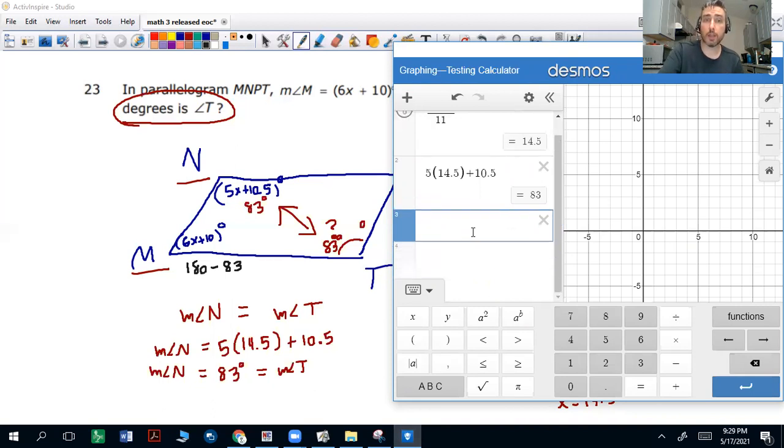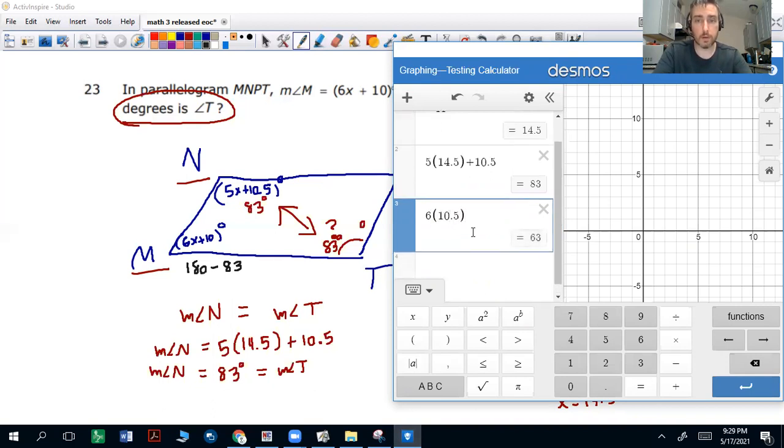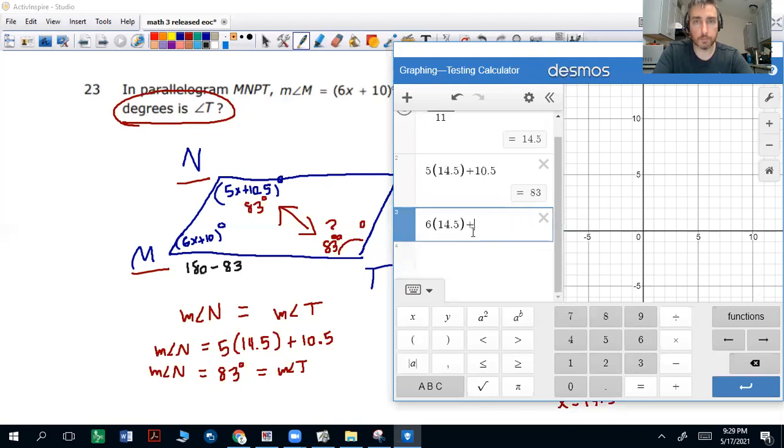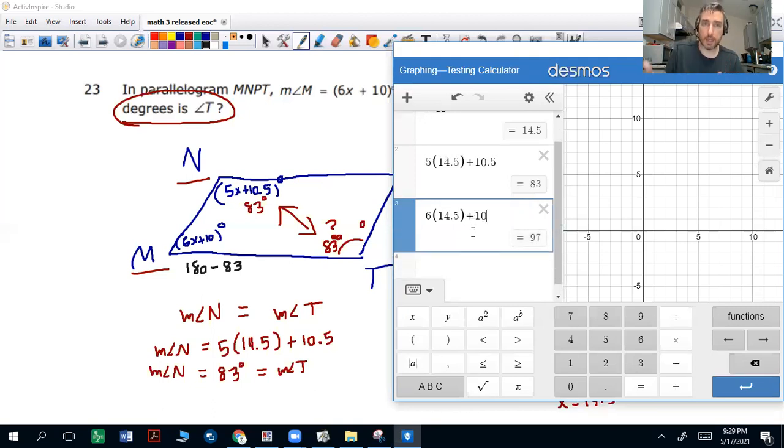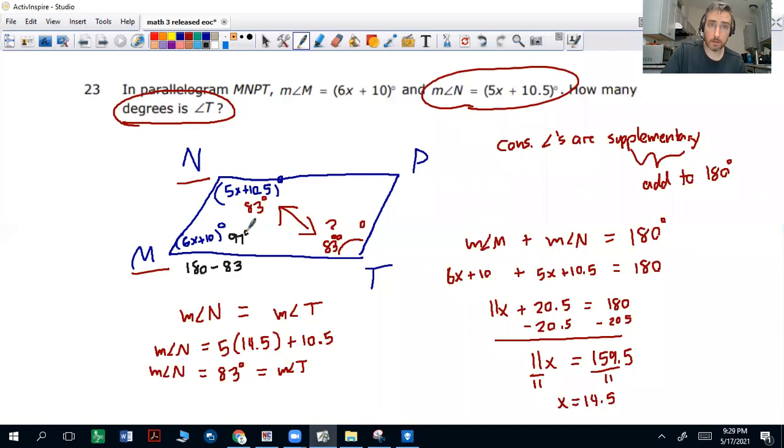Or you could go back and plug in 14.5, excuse me, into 6x plus 10, and you get 97 degrees. So this would be 97 degrees here and that. And everything kind of matches up. These opposite angles are equal to each other. Any consecutive angles add to 180 degrees. But since we want to know t, 83 is going to be your answer.